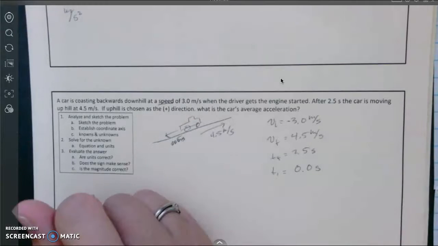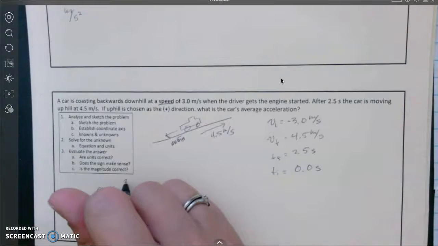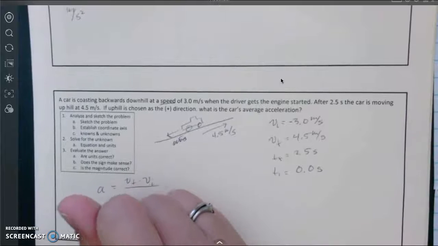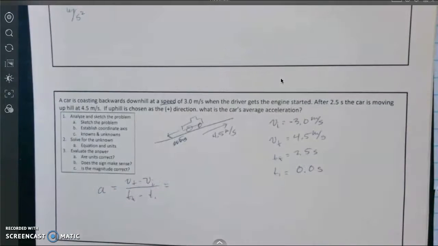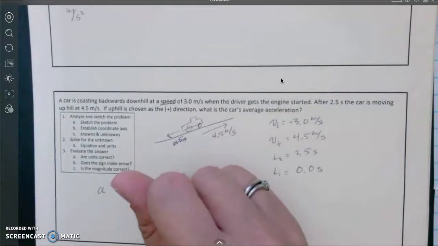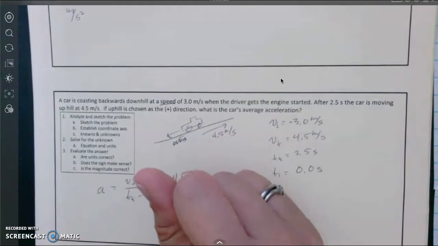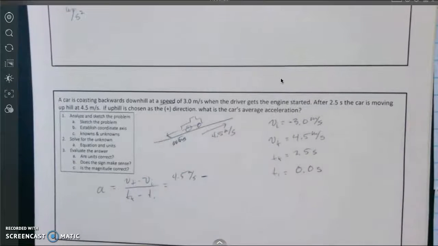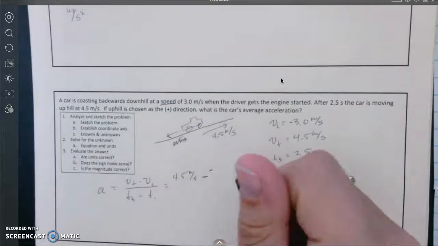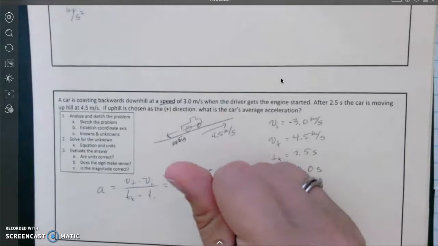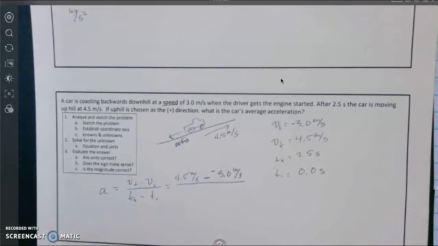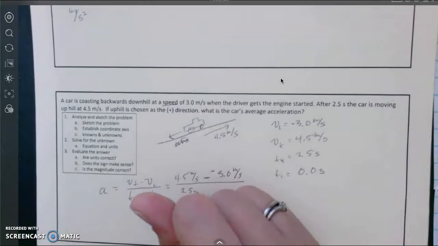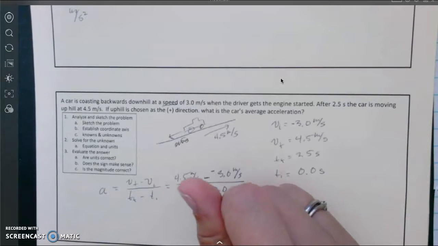What is my average acceleration? Don't forget our average acceleration equation: change in velocity over change in time. Velocity final was 4.5 meters per second. Velocity initial, so minus my negative 3.0 meters per second, divided by time final, which is 2.5 seconds, minus time initial, 0 seconds.